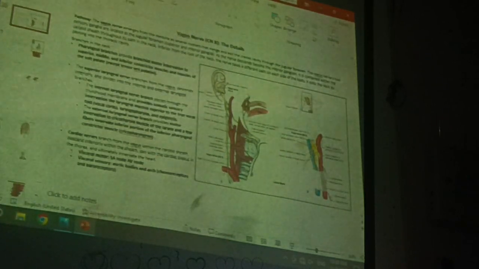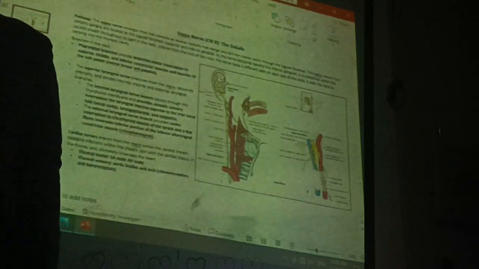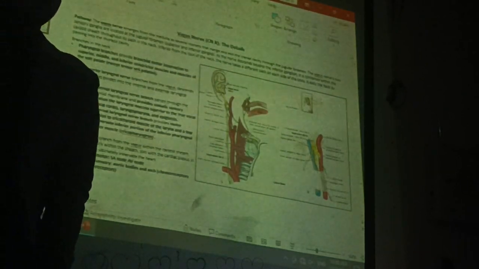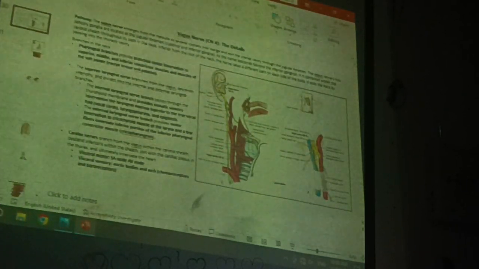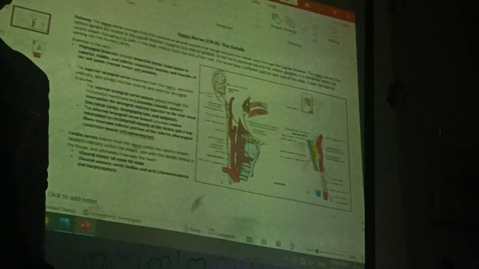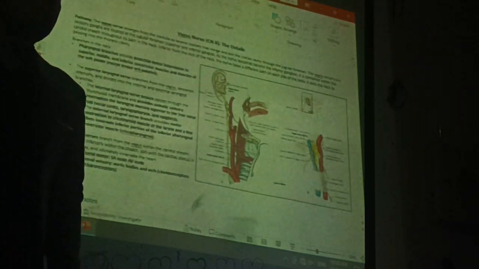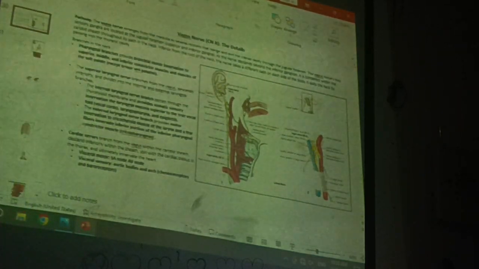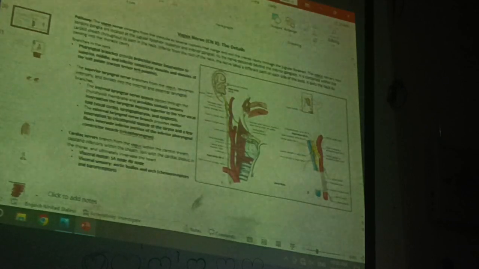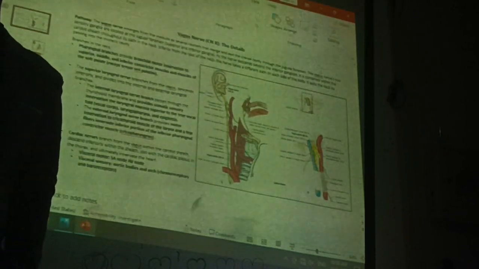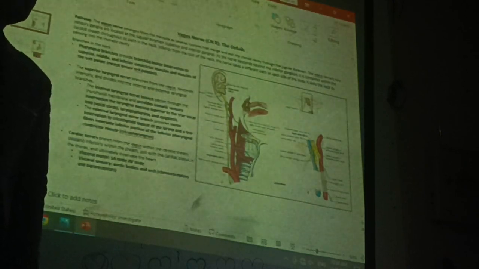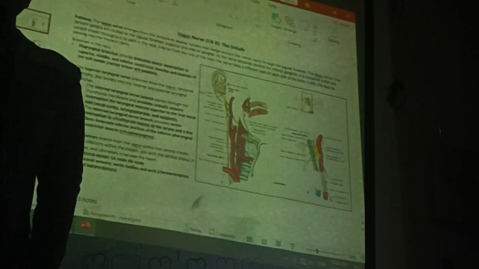The internal laryngeal nerve is a sensory nerve which pierces the thyroid membrane, here the thyroid membrane, and provides the sensory innervation of the larynx inferior to the vocal cord.